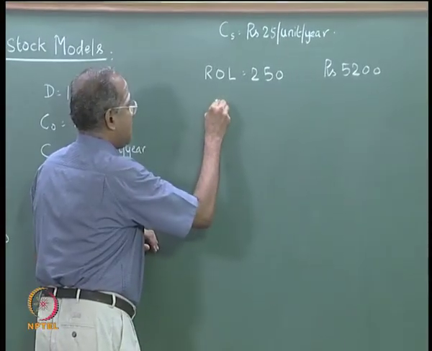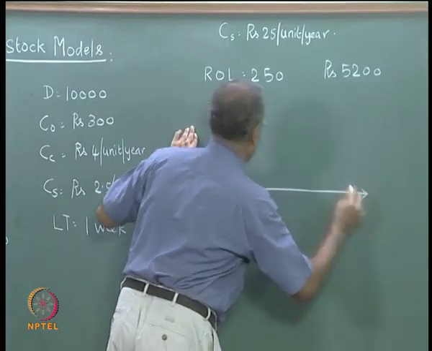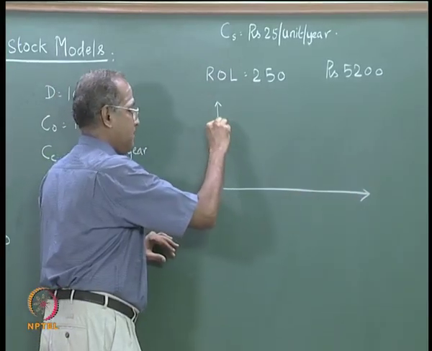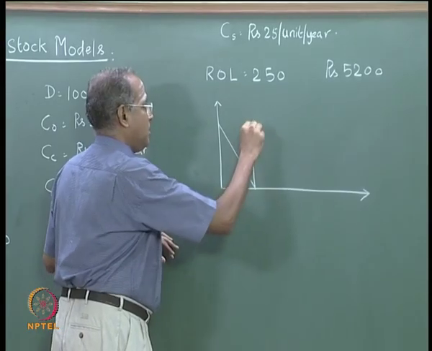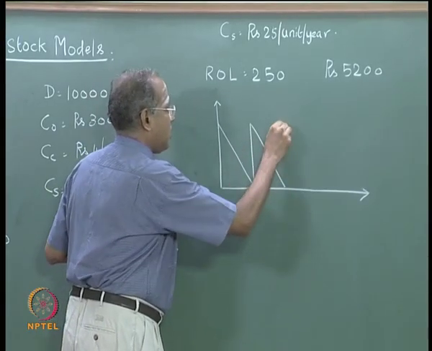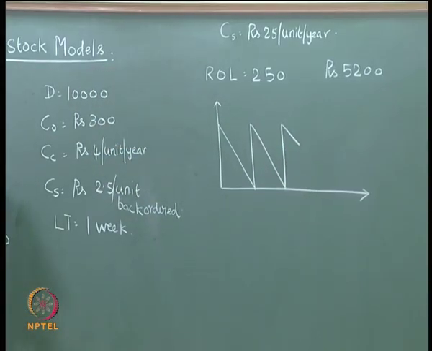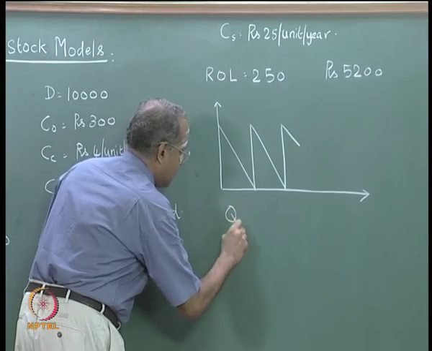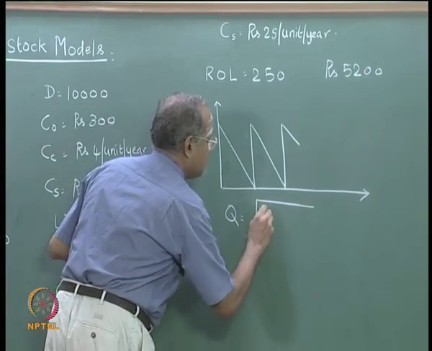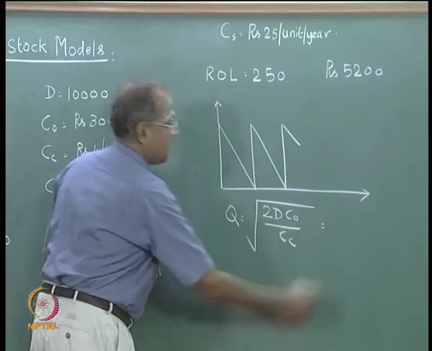If we look at the basic inventory model, which is our familiar sawtooth model, with continuous demand, when we optimized, it would give us Q equal to root over 2 D C naught by C c.